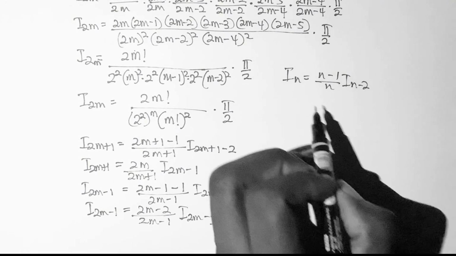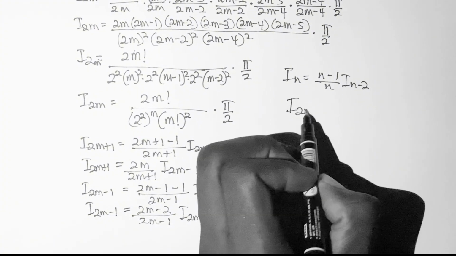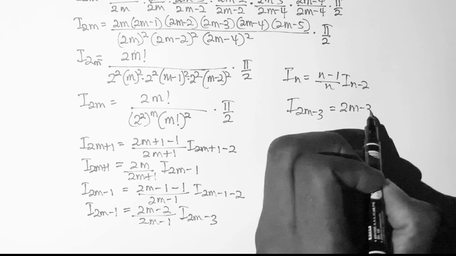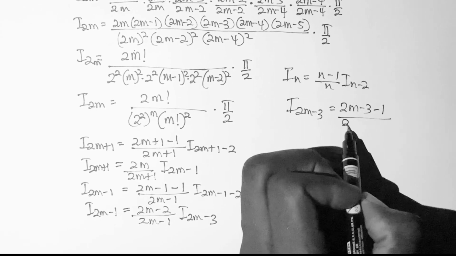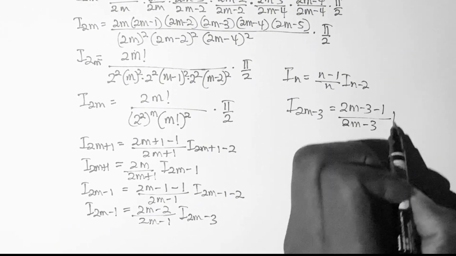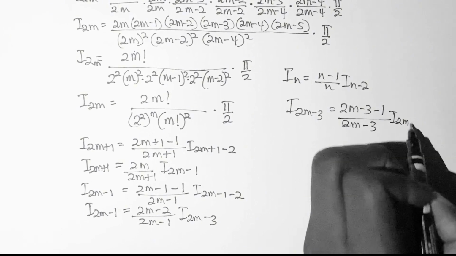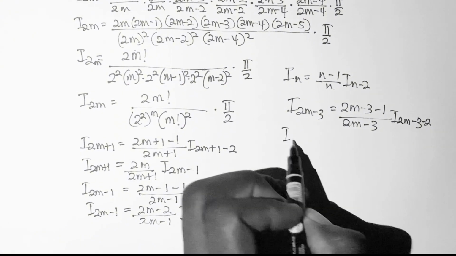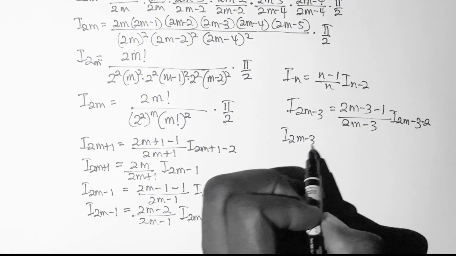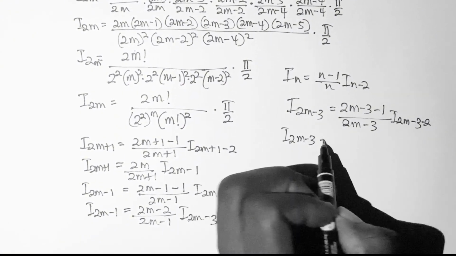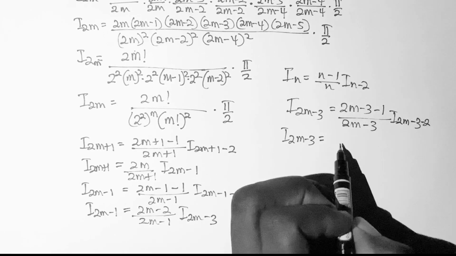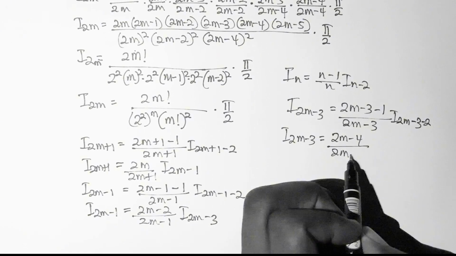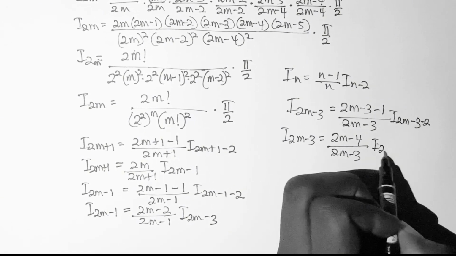So let's find the case of I of 2m minus 3. This is equal to 2m minus 3 minus 1 divided by 2m minus 3, I of 2m minus 3 minus 2. So I of 2m minus 3 is equal to 2m minus 4 divided by 2m minus 3, I of 2m minus 5.